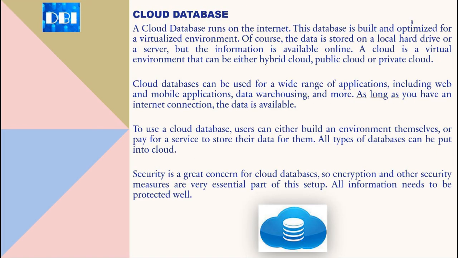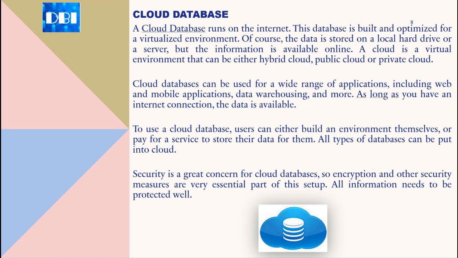Cloud database. A cloud database runs on the internet. This database is built and optimized for a virtualized environment. Of course, the data is stored on a hard drive or a server, but the information is available online. A cloud is a virtual environment that can be either a hybrid cloud, public cloud, or private cloud. Cloud databases can be used for a wide range of applications, including web and mobile applications, data warehousing, and more.